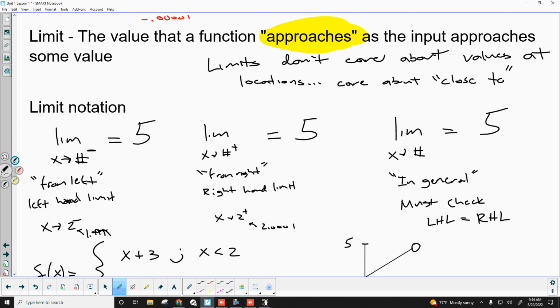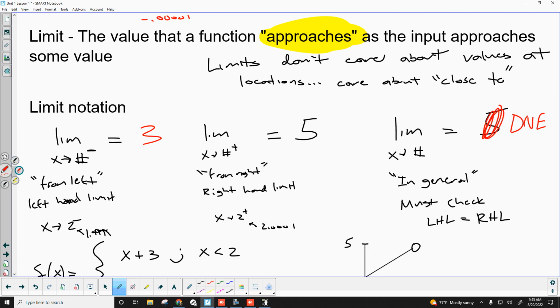I don't care about the function value. It's just the left-hand limit and the right-hand limit. If one of these disagrees with the other, this does not exist. An in general limit, you do not answer by just looking at it or looking at the location.